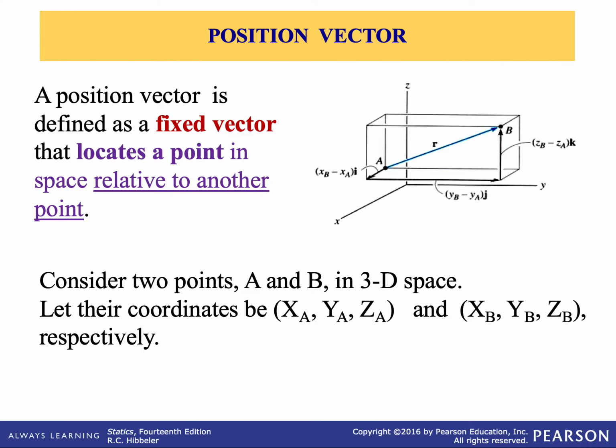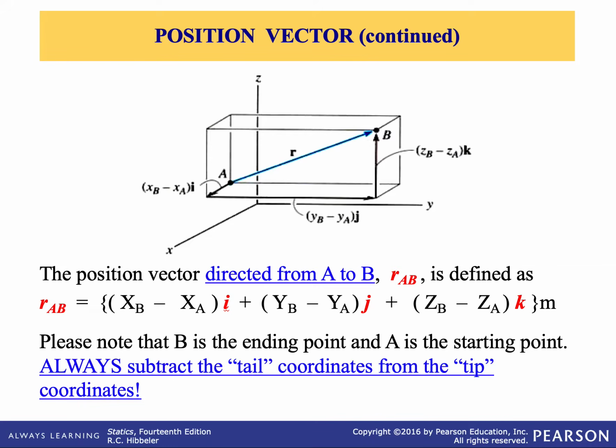How do we represent the position vector in Cartesian coordinates? This is the general idea. How can I find the coordinates of R? As I mentioned before, this is your A, this is your B. A has xA, yA, zA, and B also has xB, yB, and zB. Remember, this is position, it's not force.